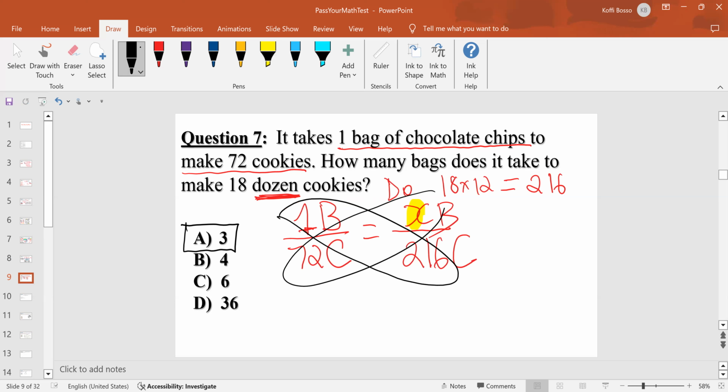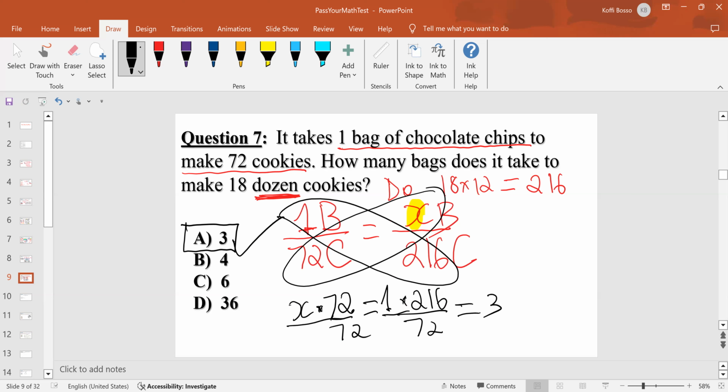The cross multiply here means, if I do X multiplied by 72, this is the same as 1 multiplied by 216. So this is telling me that to solve for X, I'm going to divide both sides by 72. So 1 multiplied by 216 is 216, and 216 divided by 72 here is 3. Therefore, the correct answer is A, like I said.